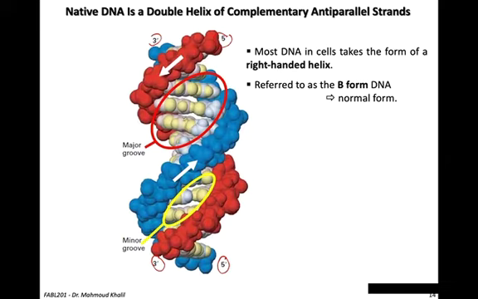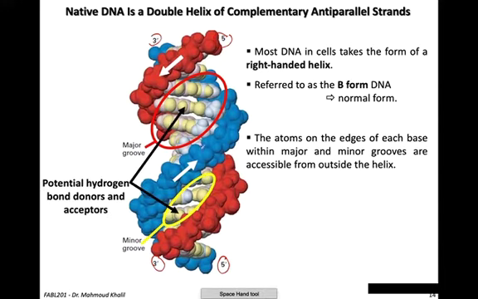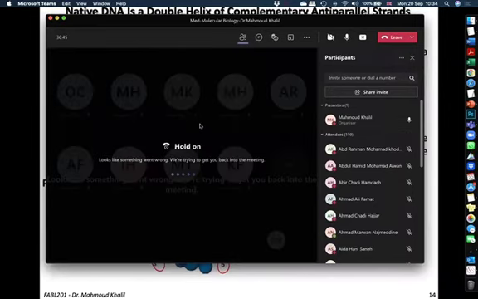These grooves are termed major groove because it's big, and minor groove because it's small. Again, due to the twisting and the helix form of the DNA, grooves are generated. So what is the importance of these grooves? These grooves are sites which can bind using hydrogen bonds.